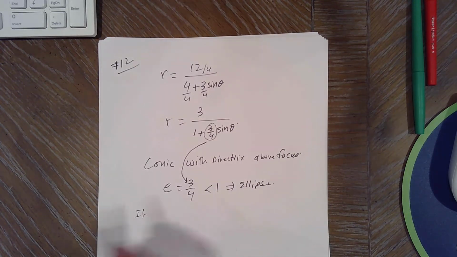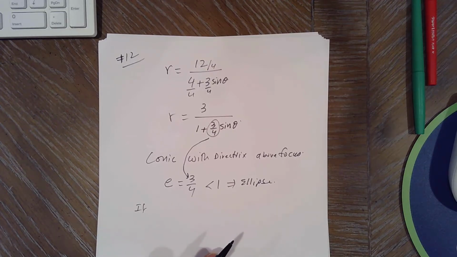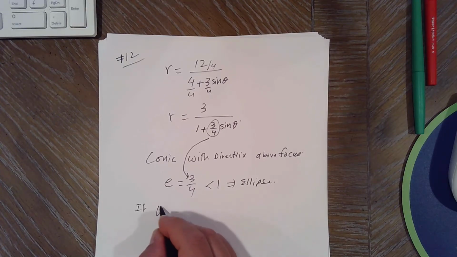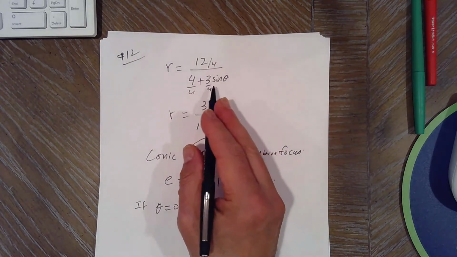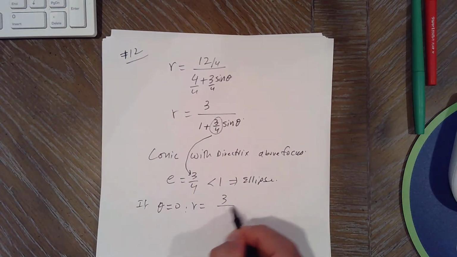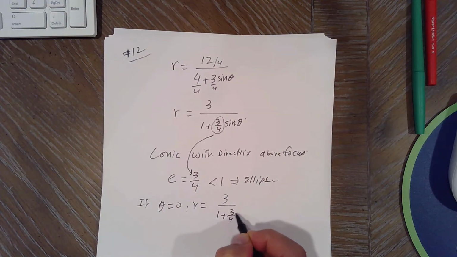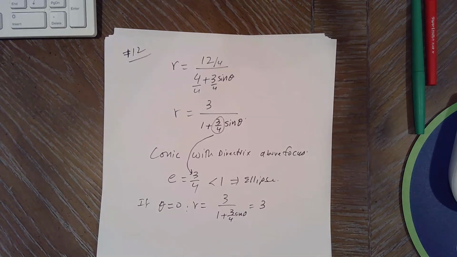And if you look at the graphs, there are 2 ellipses, number 2 and number 5. It's number 5 because if theta equals 0, we can put any theta, but the easiest is theta equals 0, then r would be 3 over 1 plus 3/4 sine 0, which is 3. So r would be 3, which is more reasonable than number 2.